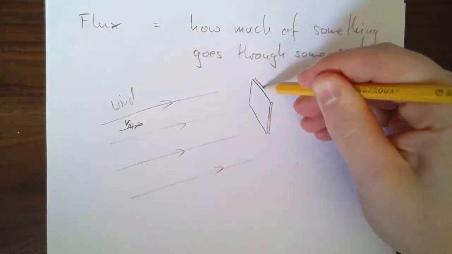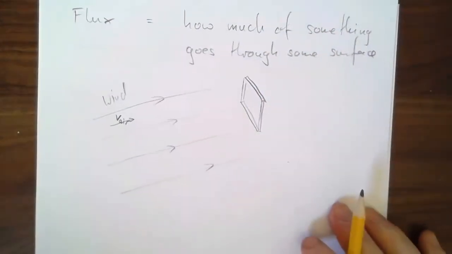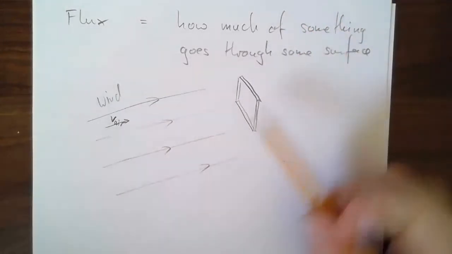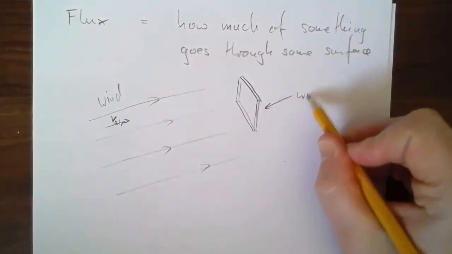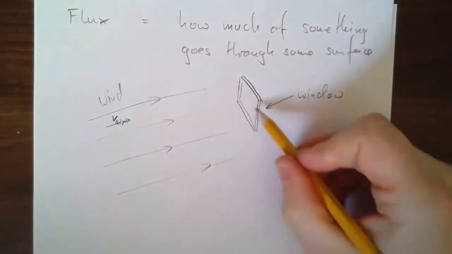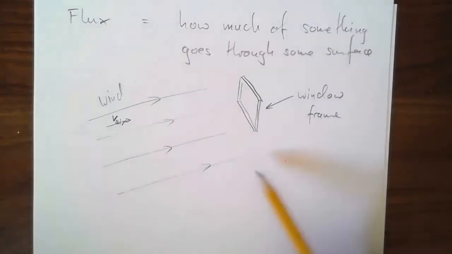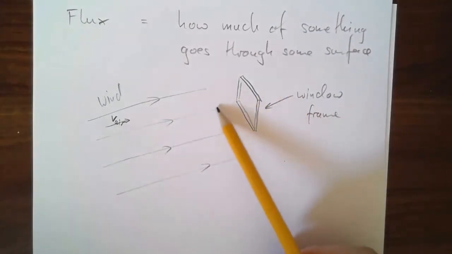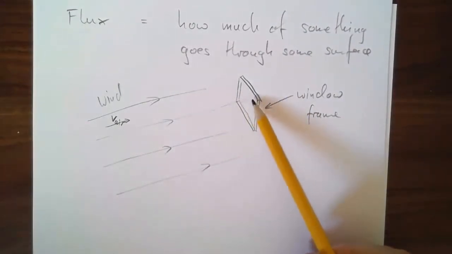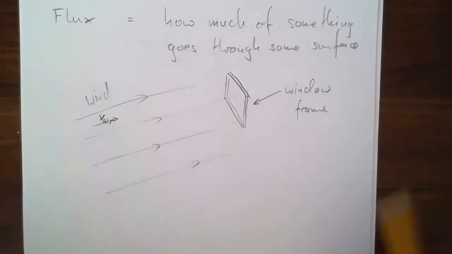This is my attempt at drawing in 3D. You can see that's the best I can do. Let me annotate it in case you're wondering later what that weird squiggle is. Window frame. So we want to figure out how much air is going through the window frame every second. That's what we mean by flux.